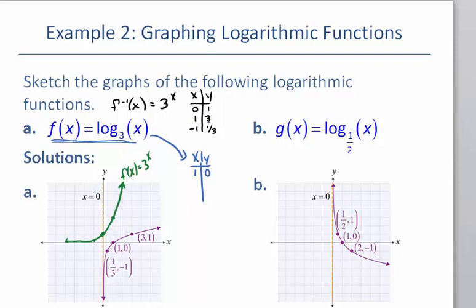And instead of having the point 1, 3, I'm going to have the point 3, 1. And instead of negative 1, 1/3, I'm going to have 1/3, negative 1. And so you can see that those 3 points have been plotted on the purple graph, and the purple graph has been drawn through those 3 points. And that is the graph of your log function.